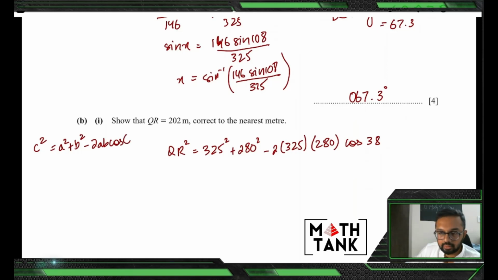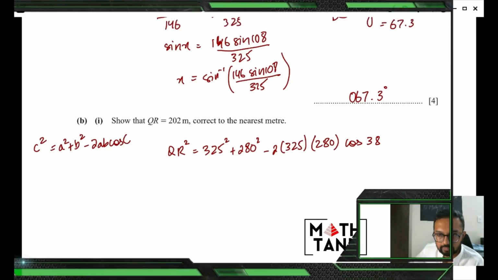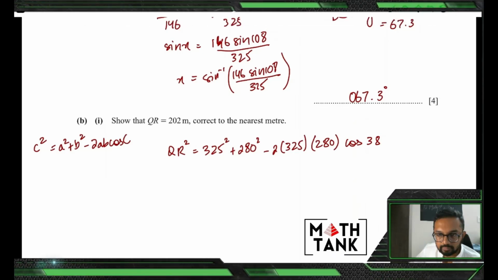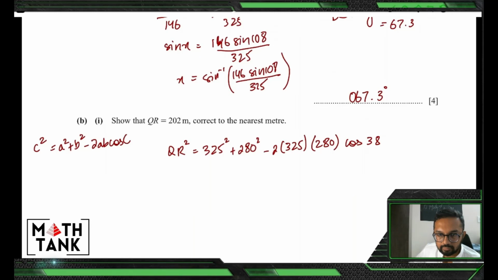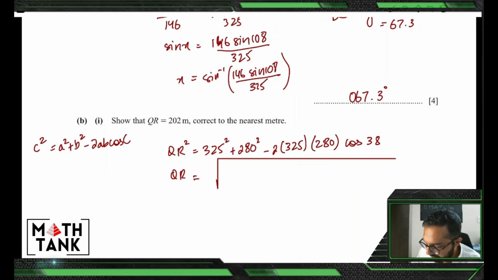Okay, so QR squared is then, I can just take a root actually. I don't need to do this manually.